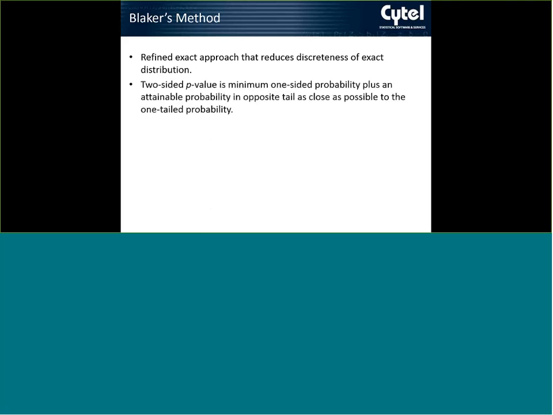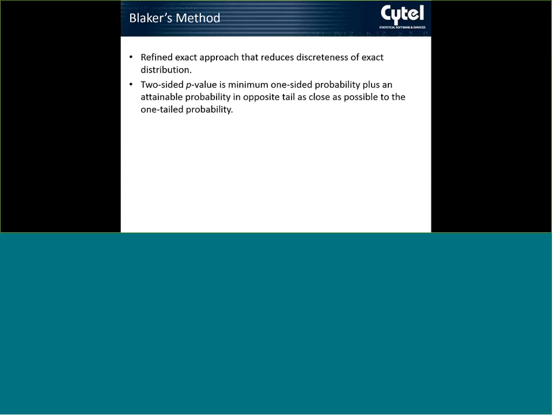It does this by considering a two-sided p-value, when you're computing an exact test, that is comprised of the minimum one-sided probability, so it looks in the tail in the observed direction, plus it uses probability in the opposite tail that's as close as possible to that one-tailed probability.